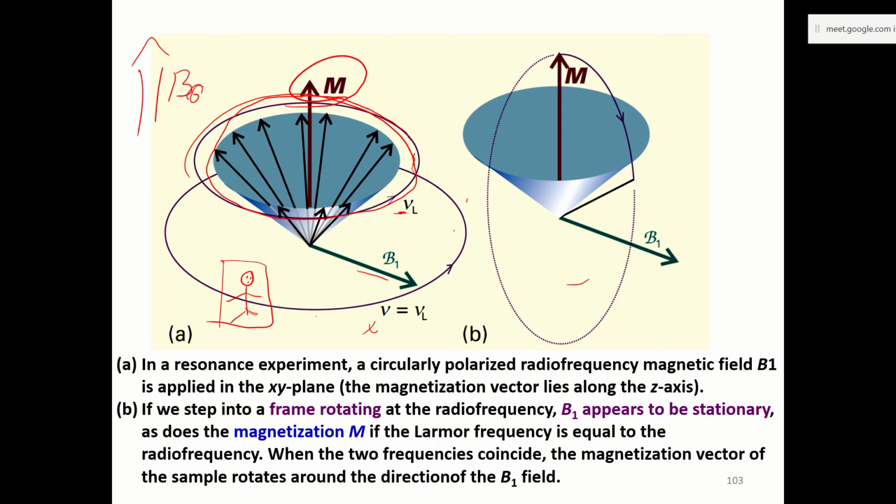So what will appear to you? The b1 will appear to you as static, and the magnetization vector capital M appears. So this is what we mean by having a rotating frame. Stepping on to a new system, a rotating frame of reference, a change of frames from a laboratory frame to a rotating frame.